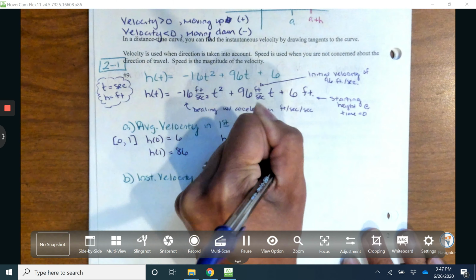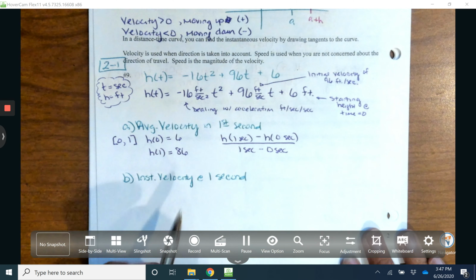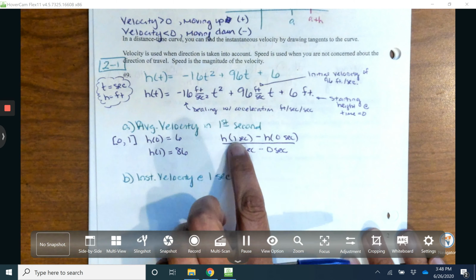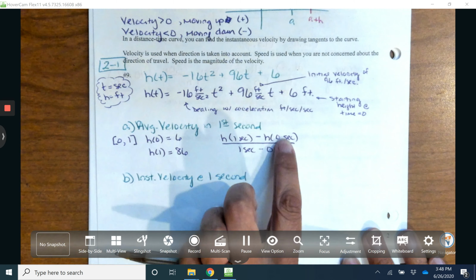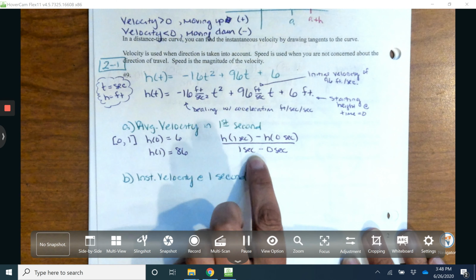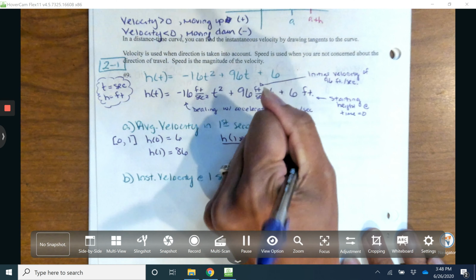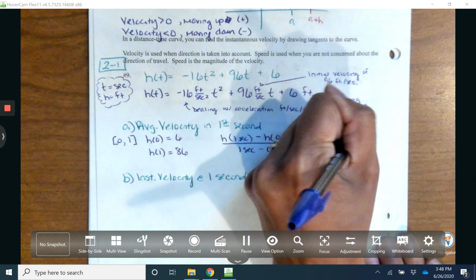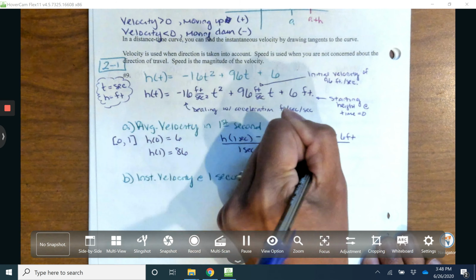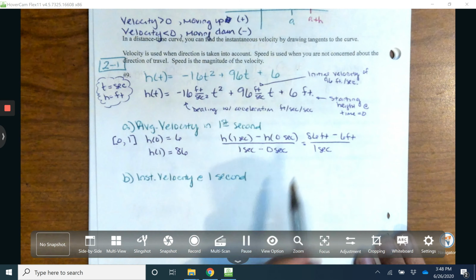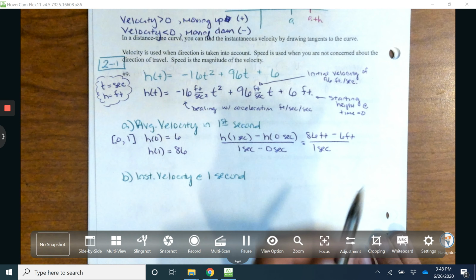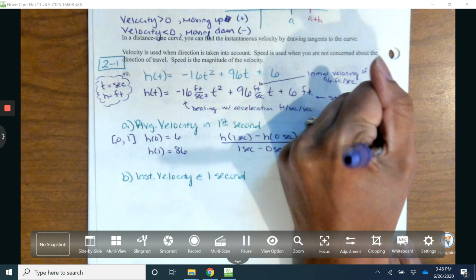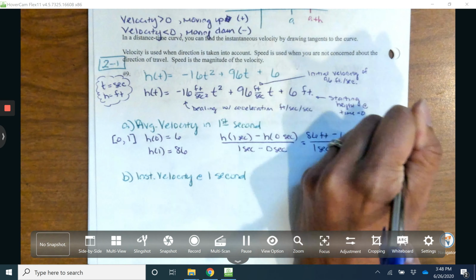This is the difference in my heights, my positions, over the difference in the time. So I know that this is 86 feet minus 6 feet over 1 second, because 1 second minus 0 is just 1. Then I subtract these, and I end up with 80 feet per second. This right here is, again, the average velocity.